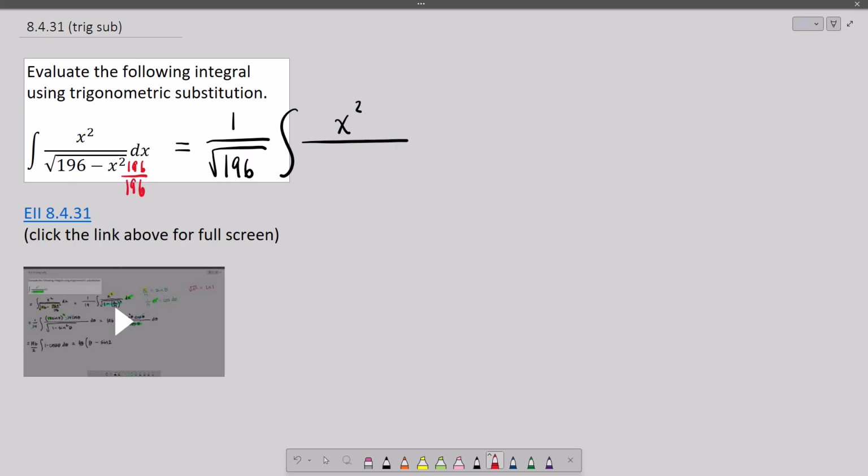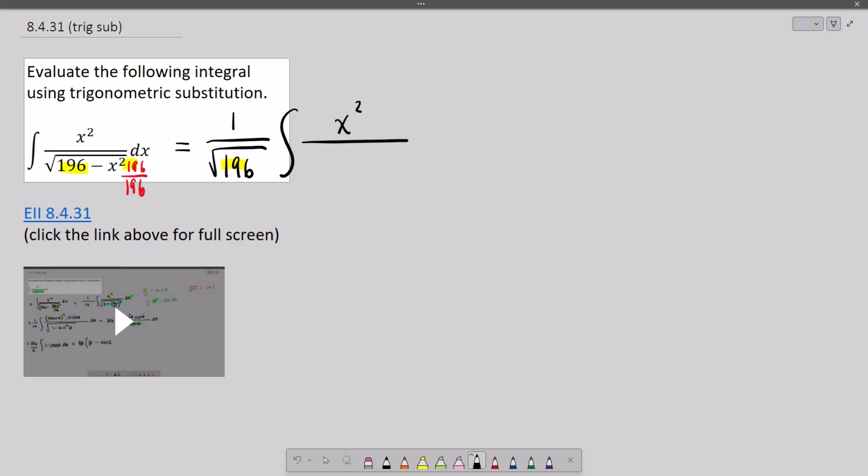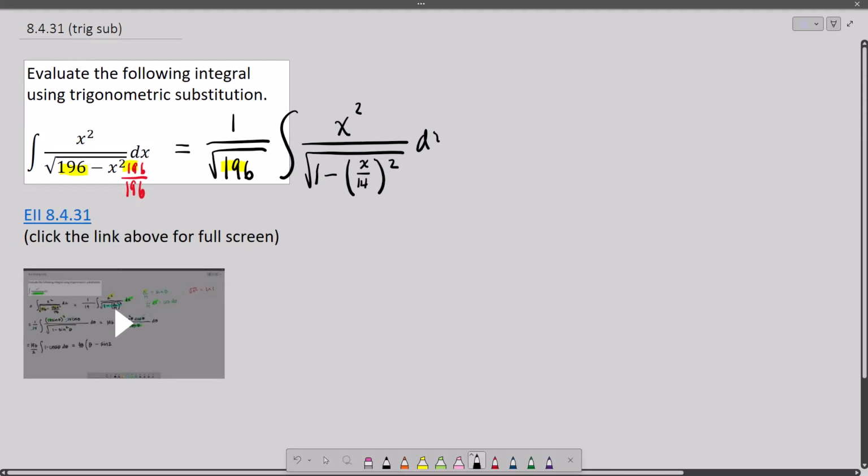We can put a 196 over 196. The 196 that's factoring out is right there. And what is the square root of 196? 14, exactly. So this is going to become 1 minus x divided by 14 quantity squared, dx on the outside.